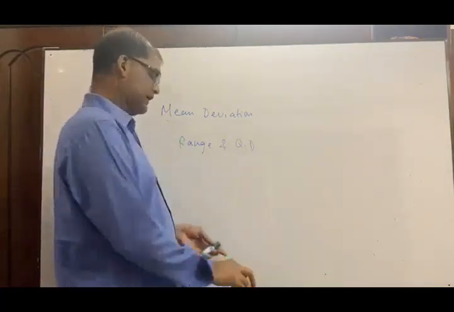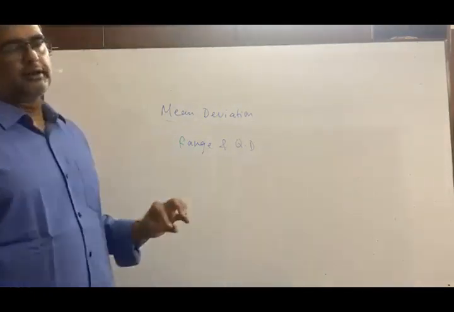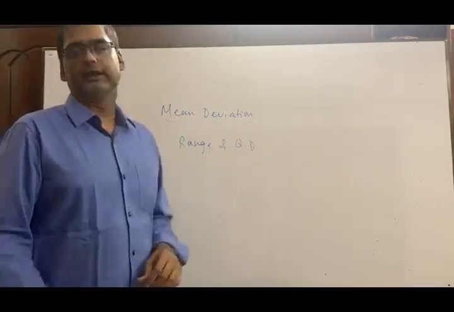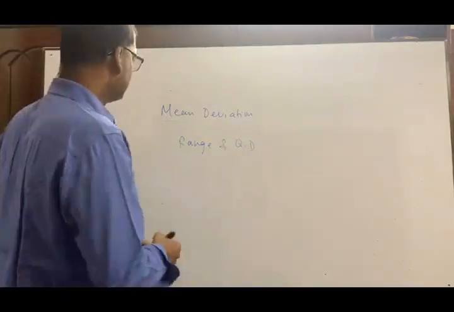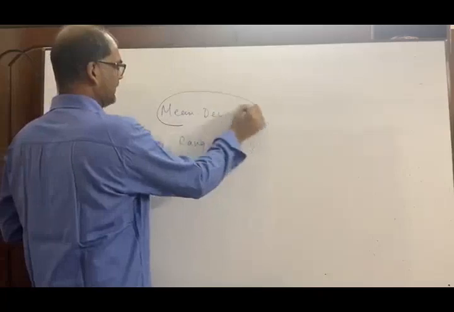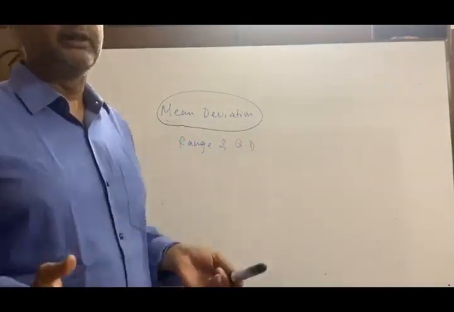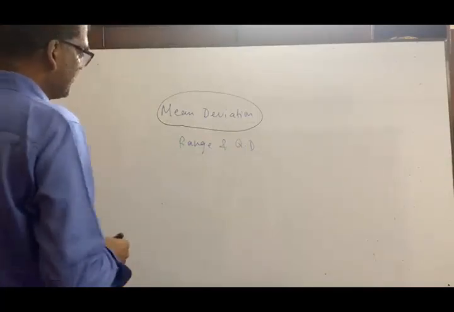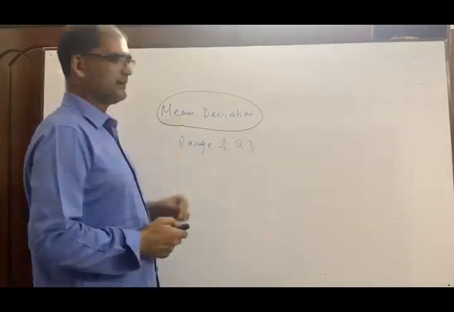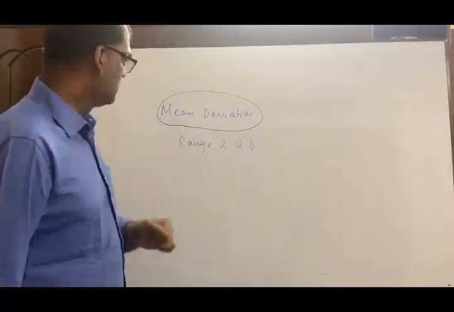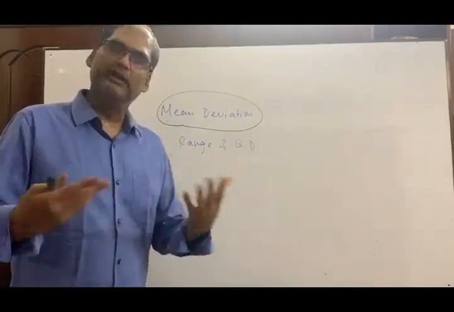When we calculated, we saw that these two did not take all data. But in mean deviation, it was determined taking all the data. So we can tell that mean deviation is more reliable than range and quartile deviation.